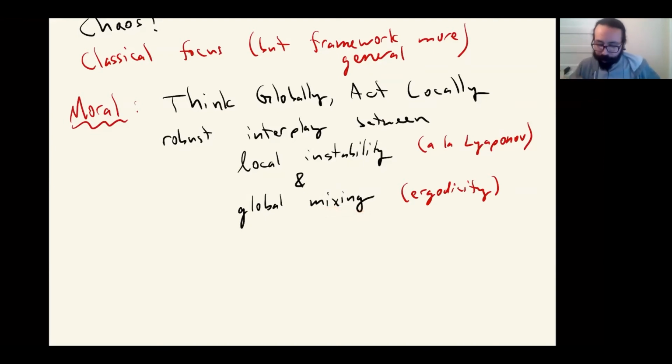Maybe you might worry this is a slightly circular definition, since ergodicity is probably defined best in terms of chaos, but this is more just for slogan purposes. The idea is that trajectories that are initially nearby will separate, but they also come back together after some amount of time. And I think we need both of these features to honestly say that a system is chaotic.